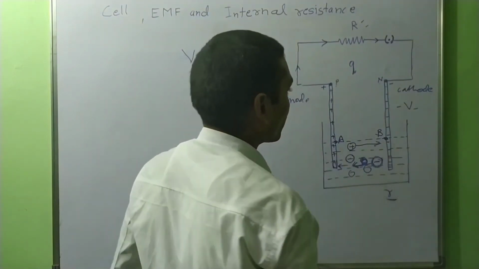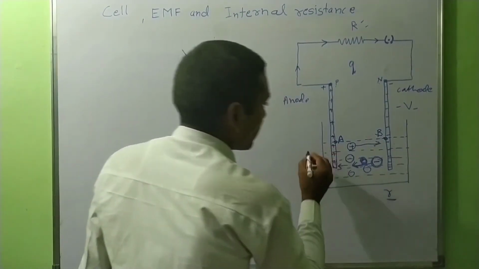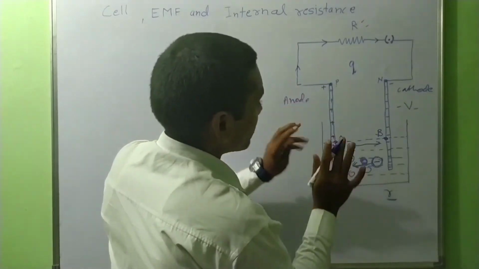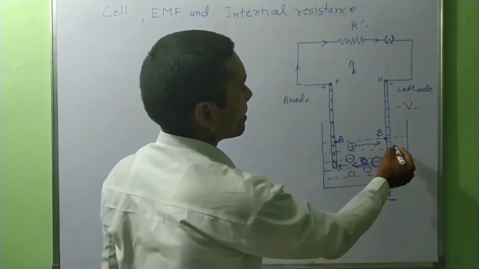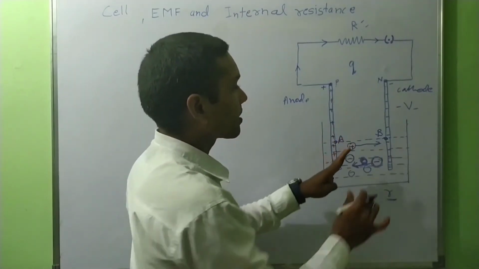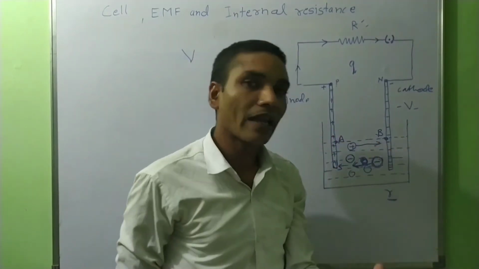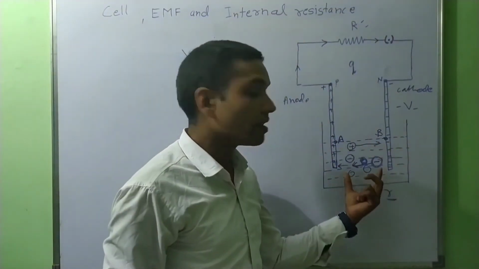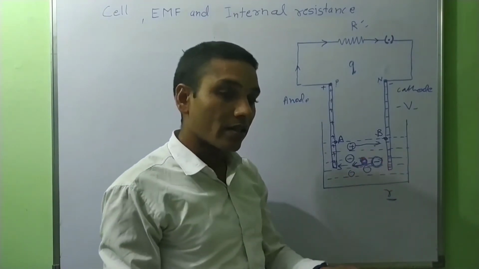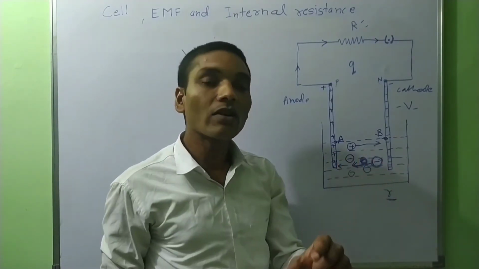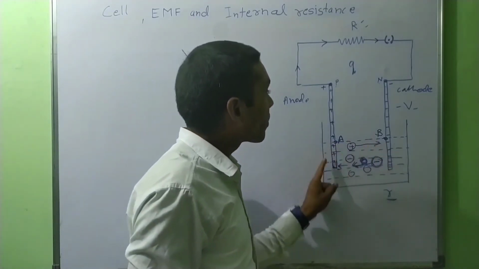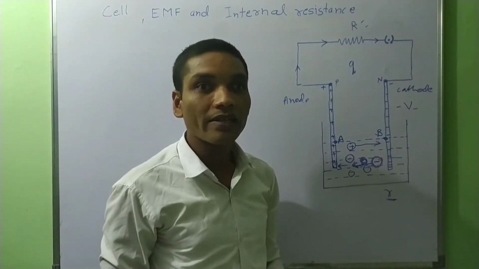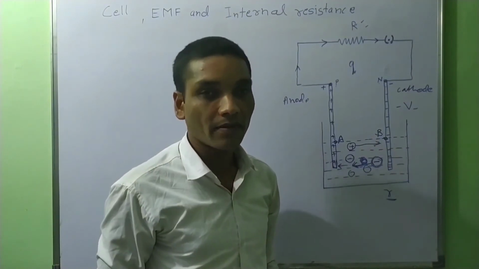Inside the electrolyte there will be anions and cations, and the density of anions and cations at each point inside the electrolyte will be the same.